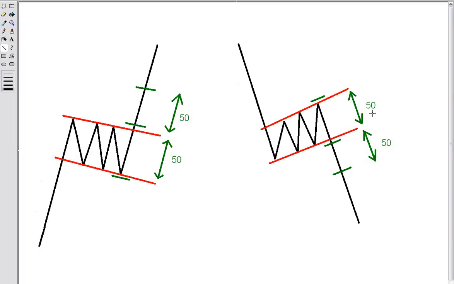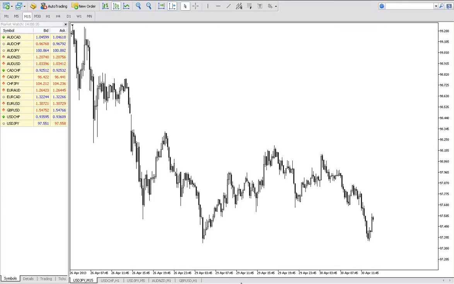Let's say, again, that's 50 pips. You take your measurement tool or your cursor, go just a few pips inside the bottom consolidation line, so just a few pips above, and then you measure 50 pips. Let's say this equates to 50 pips here, this little green line, and that is your profit target, and that is you out of the trade there as well. Okay, so let's go to our real charts where we can reference this in real life.